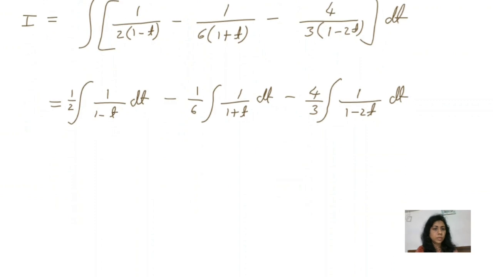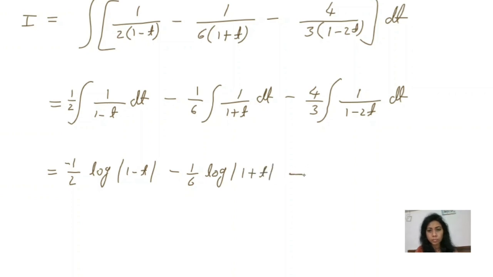And we can easily integrate now. Here it is minus t, that's why minus 1 upon 2 log of the absolute value of 1 minus t. Then minus 1 upon 6 log absolute value of 1 plus t.